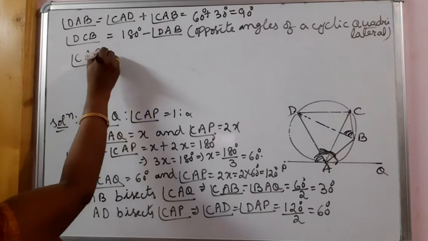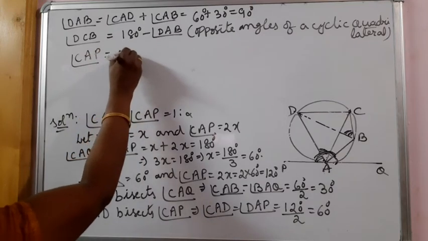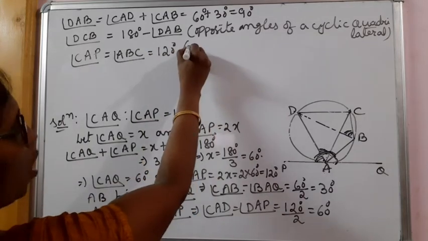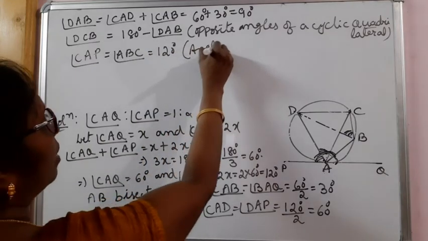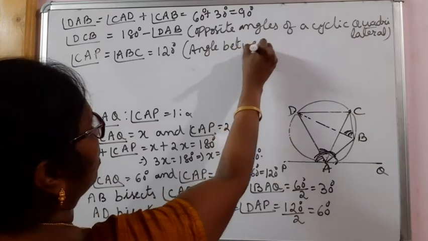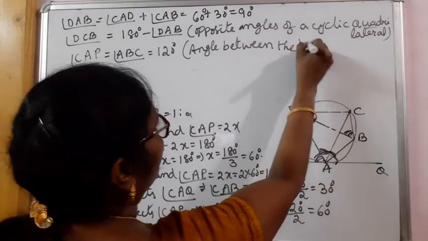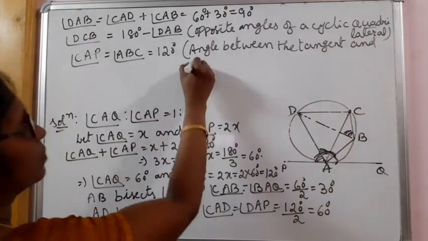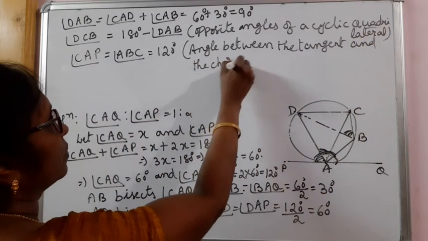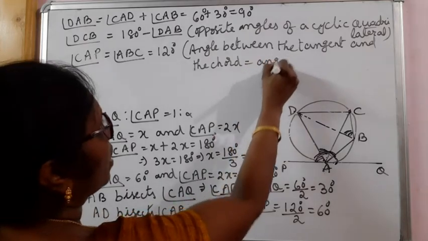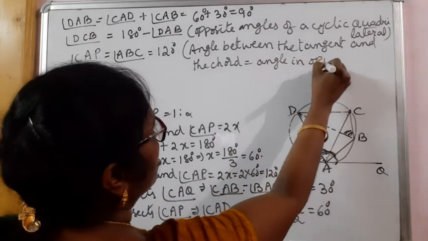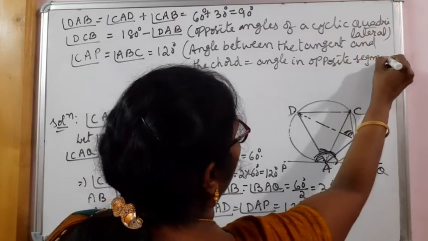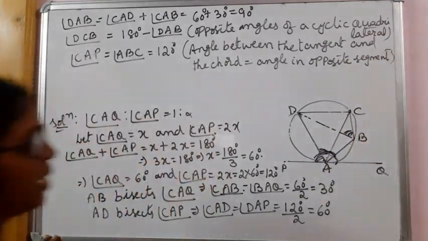Angle CAP is equal to angle ABC, that is 120 degrees, because the angle between the tangent and the chord is equal to the angle in the opposite segment. So with this, we are able to get angle ABC also.